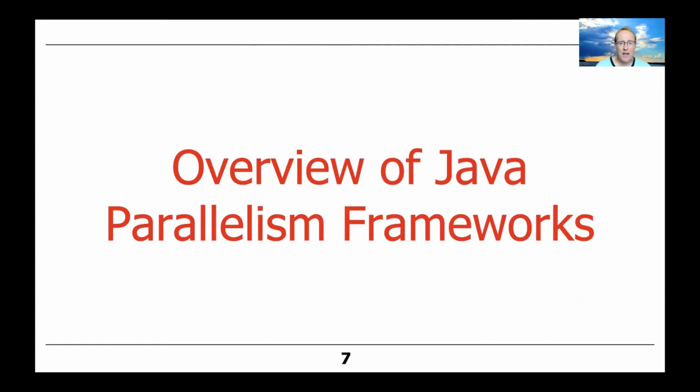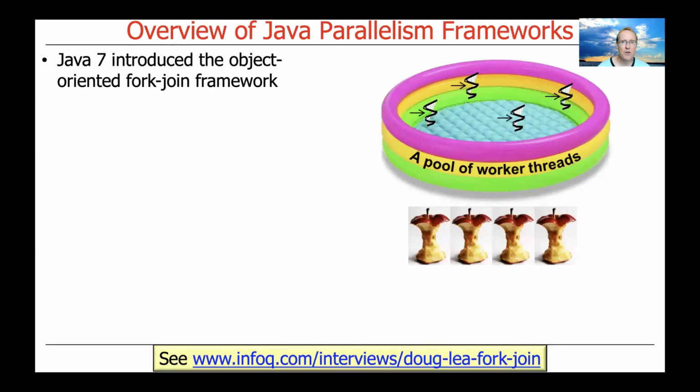Let's talk briefly about the Java parallelism frameworks and how they embody those models we just talked about. So the first framework we're going to talk about is the fork join framework. This came along in Java 7, which I think was released about a decade ago or so. And it's an object-oriented framework, which means that you have to use inheritance and dynamic binding in order to customize the abstract classes that it defines and the interfaces it defines and so on.